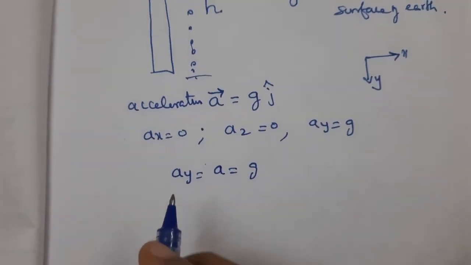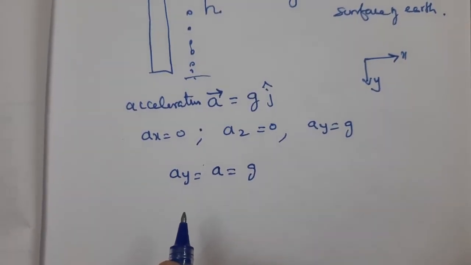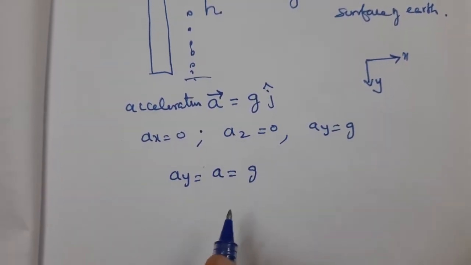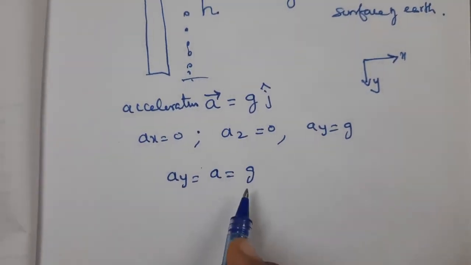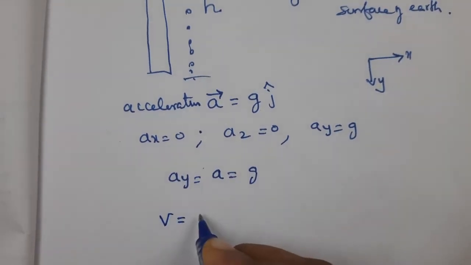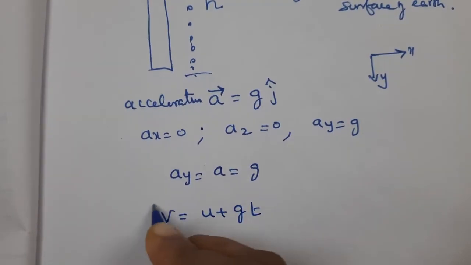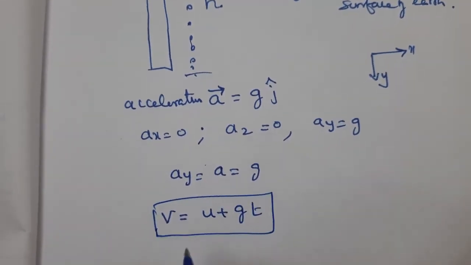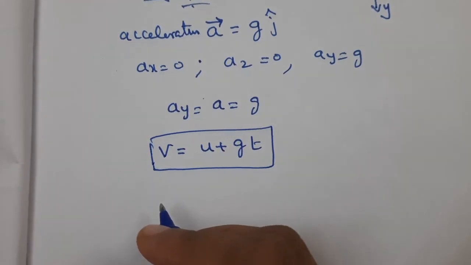Let's write the equations of motion for this case, body falling from height h. So we know that u is initial velocity here and v is final velocity. Then instead of a we should substitute g. So first equation v equal to u plus at can be written as v equal to u plus gt. Second equation is s equal to ut plus half at square.